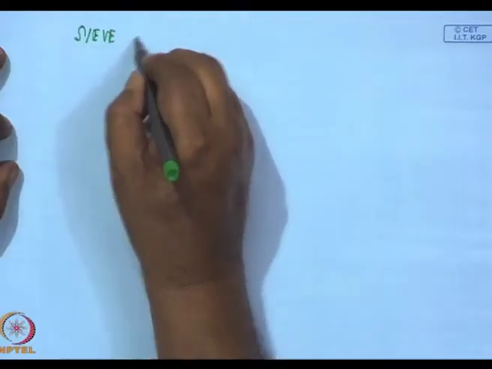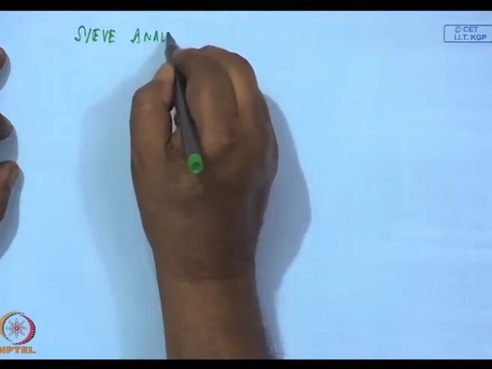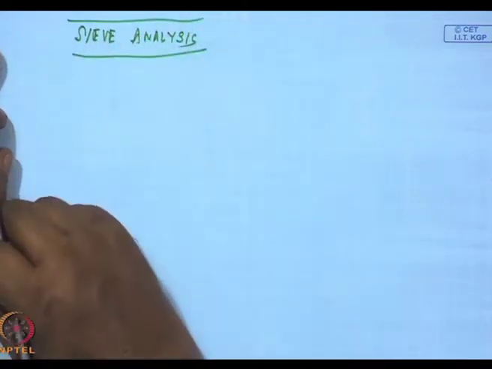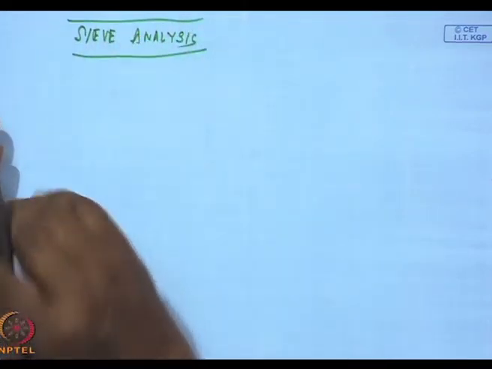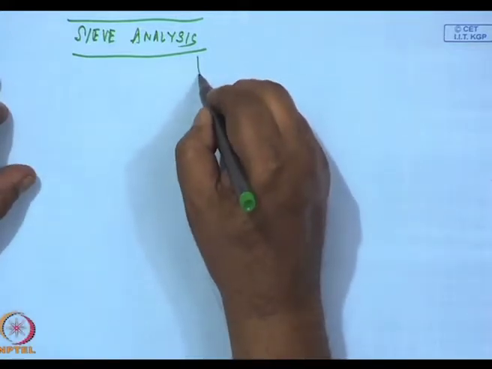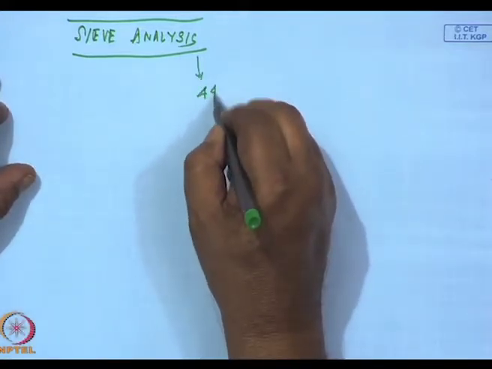So, this sieve analysis is a good way of characterizing ceramic powders. However, it works only up to 44 microns.